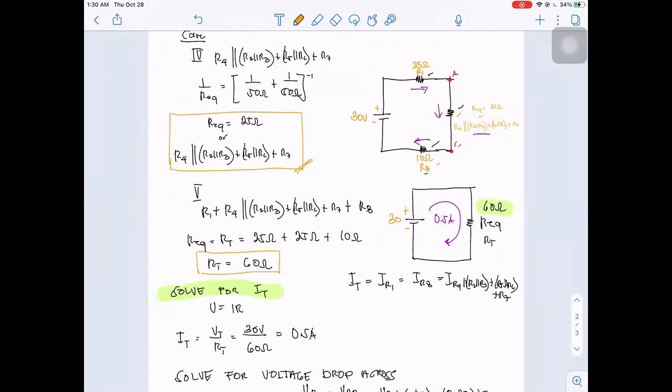By that, we can also check using Kirchhoff's voltage law.